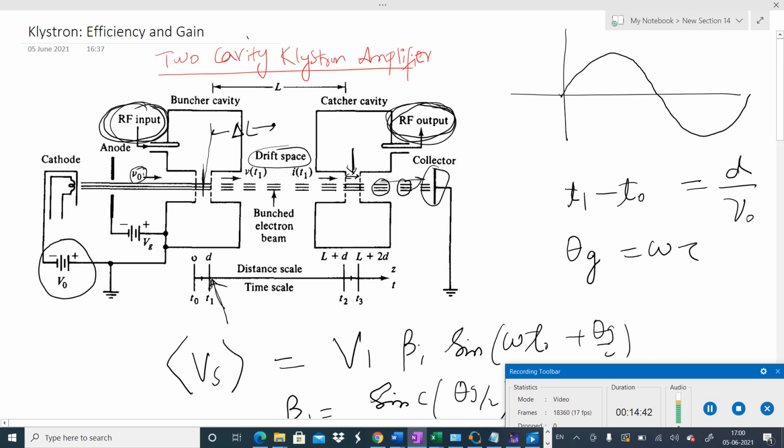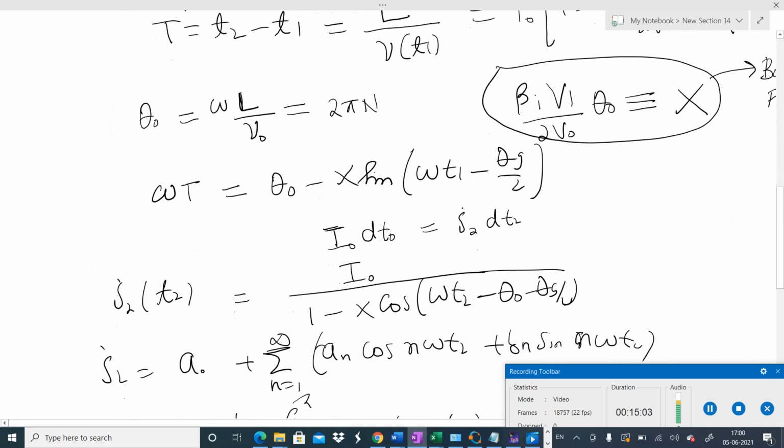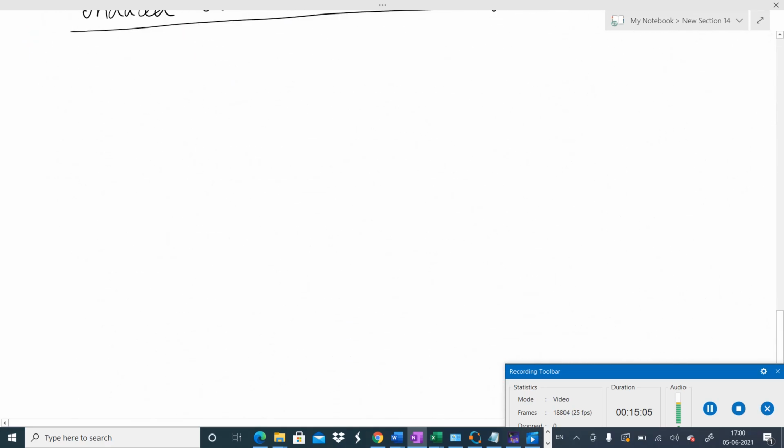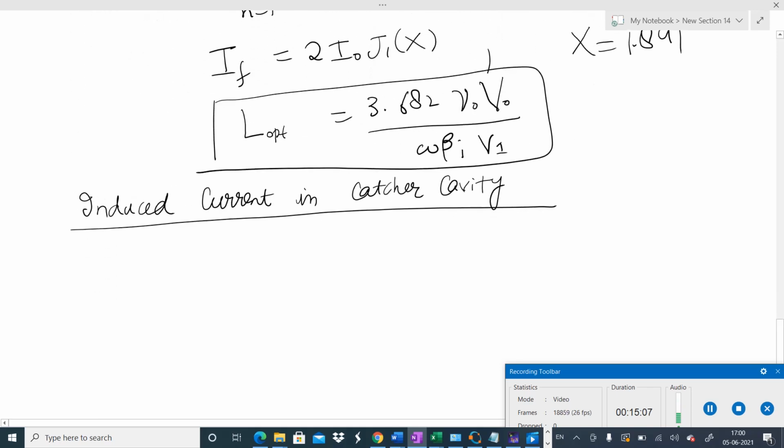Its amplitude as well as its phase decides how strong the bunching of the electrons is, and this degree of bunching in turn decides the current in the catcher cavity. So the induced current in the catcher cavity will be proportional to V1.